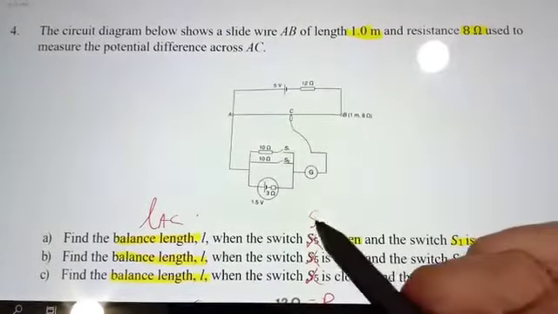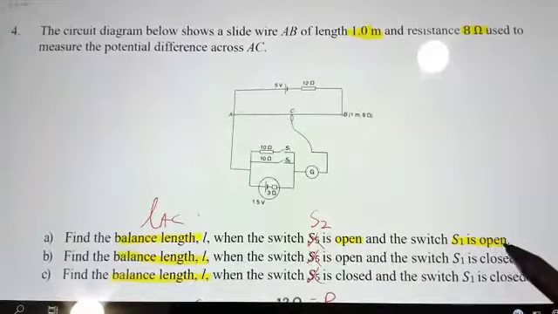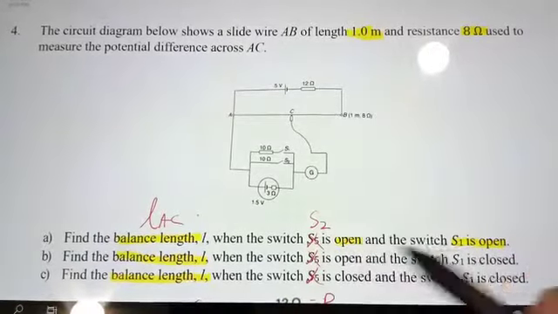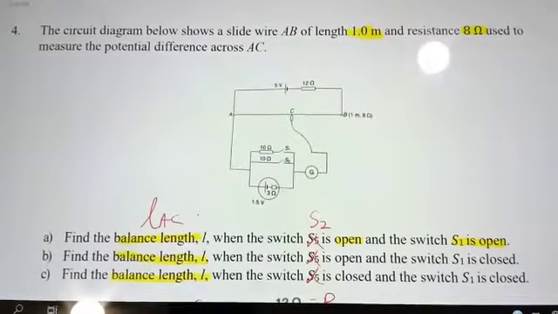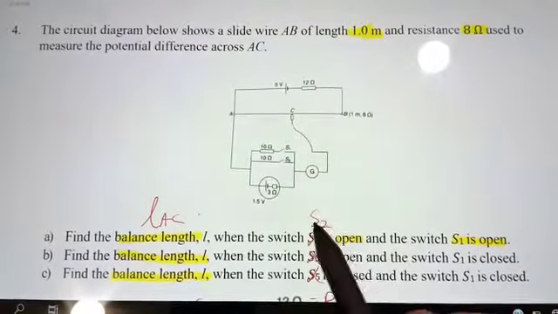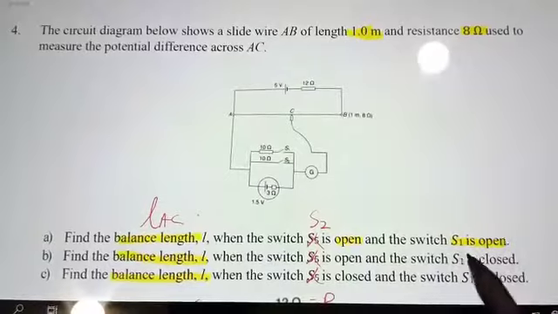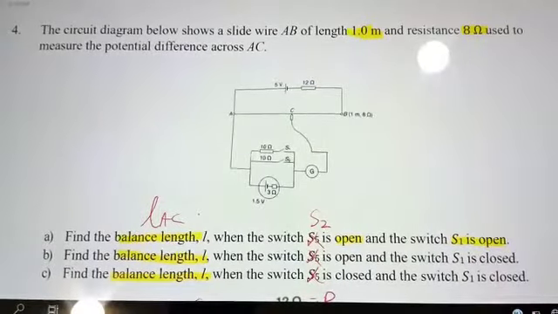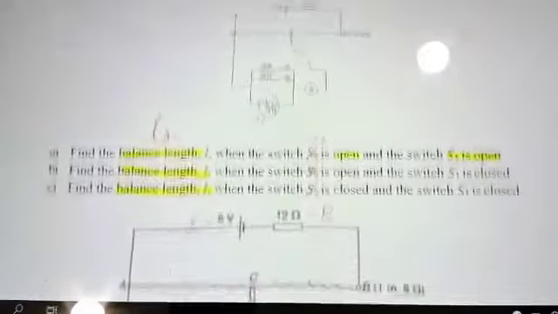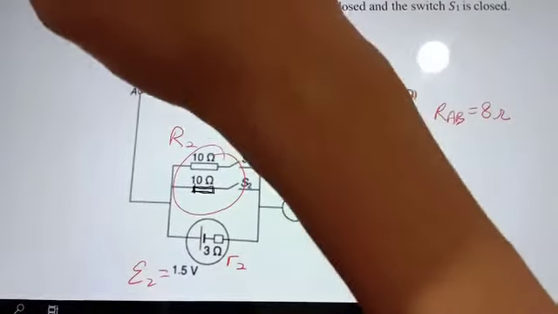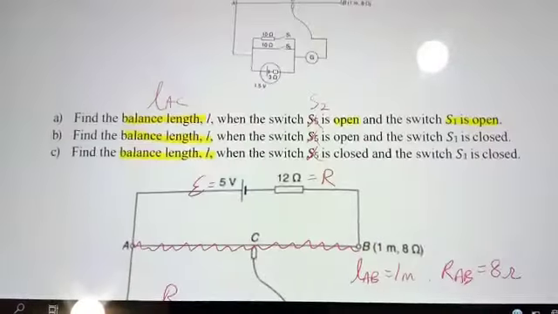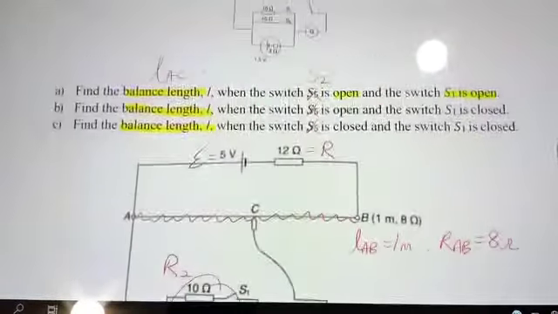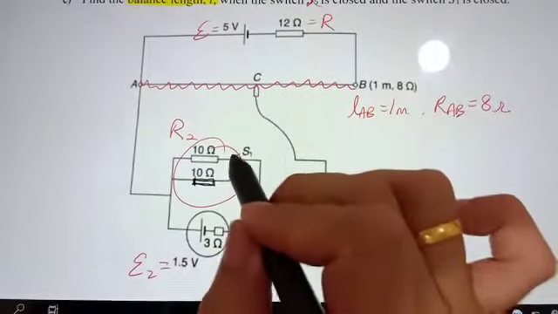A, when S2 is open, S1 is open. So both are open, like this.